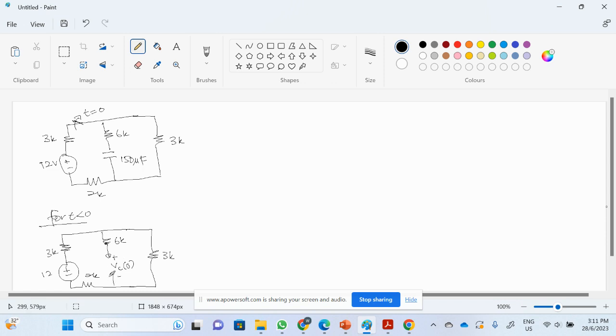Since this is open circuit, there is no voltage drop at the 6 kilo ohm. So because of that, we can also say VC0 equals the voltage across the 3 kilo ohm, because there is no voltage drop here. So plus minus over here will be the same as plus minus over here.